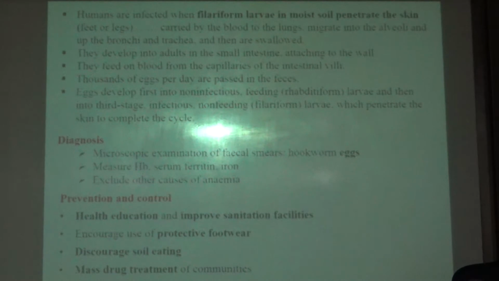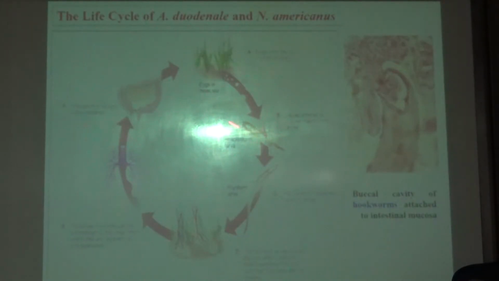When they reach the lungs and go up to the trachea and are swallowed, what is the size of this? They achieve the adult stage only when they reach the intestine. They are basically in the form of larvae till this stage. And when they reach the intestine, they develop into adults because the size is very big.